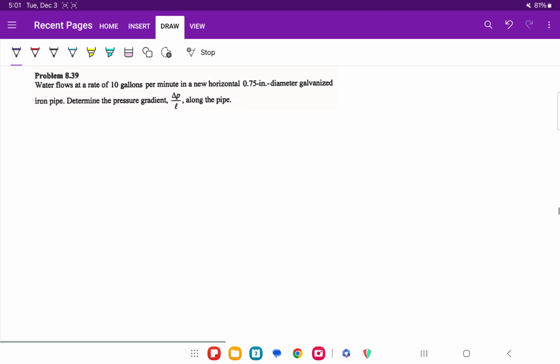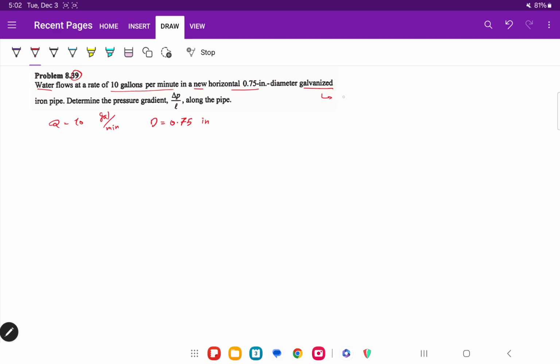Okay, let's see what we have in the next problem. Problem number 39. Water flows at a rate of 10 gallons per minute. So we have a flow rate of 10 gallons per minute in a new horizontal pipe with a diameter of 0.75 inches, galvanized iron.